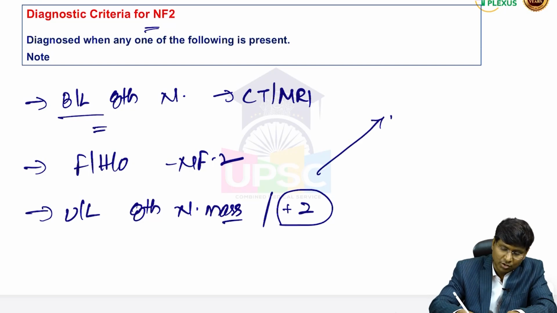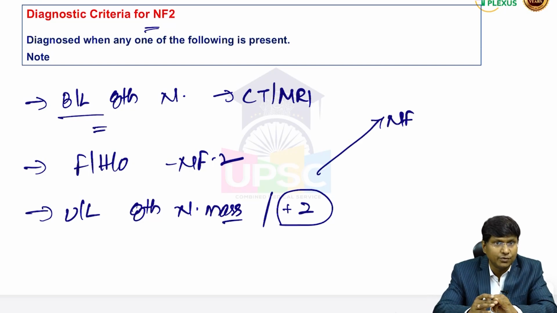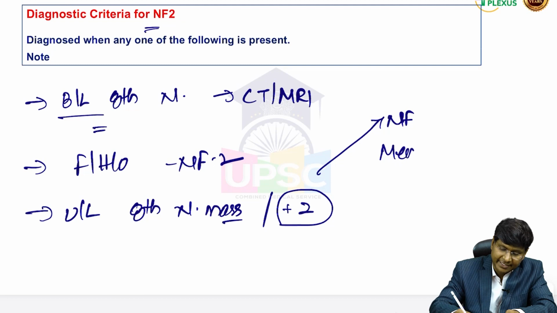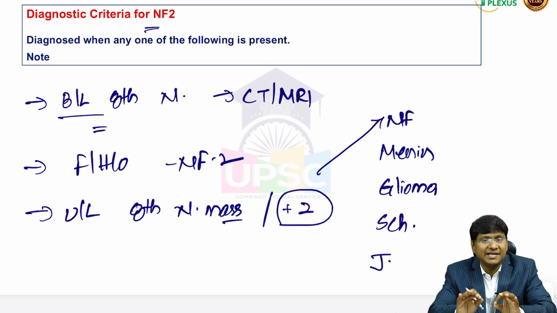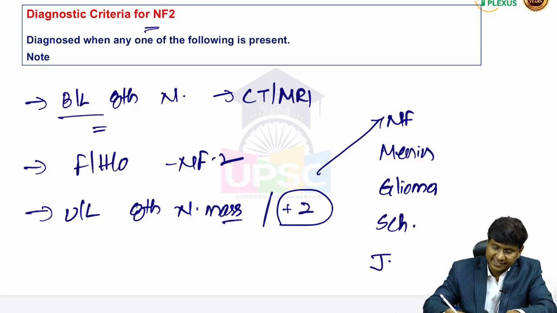What are these? They include neurofibromas, meningiomas, glioma, schwannoma, or juvenile posterior subcapsular opacity.